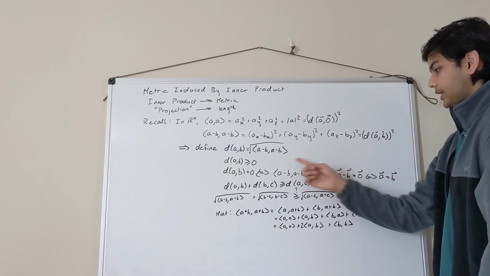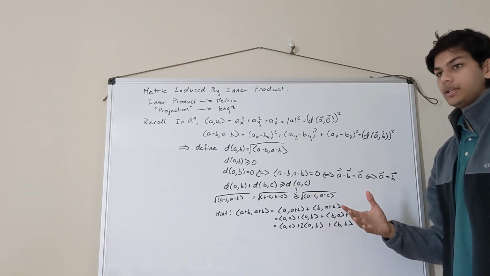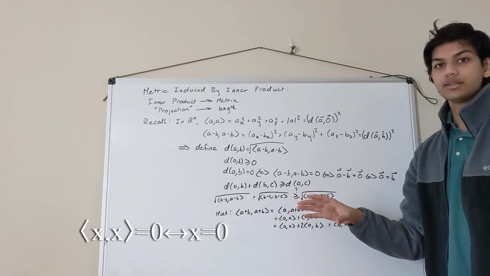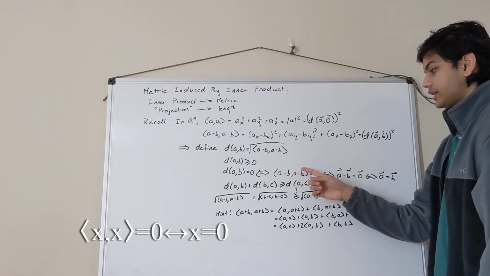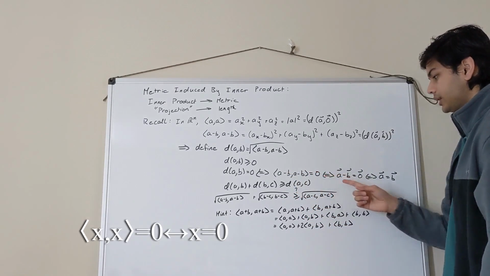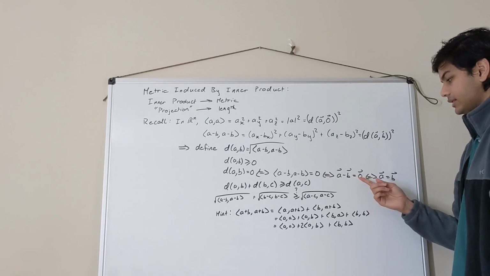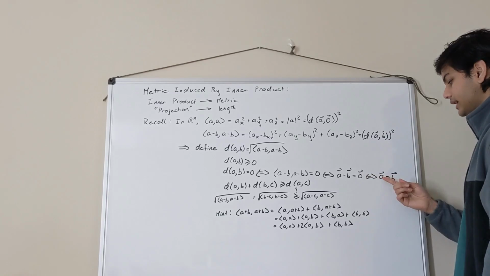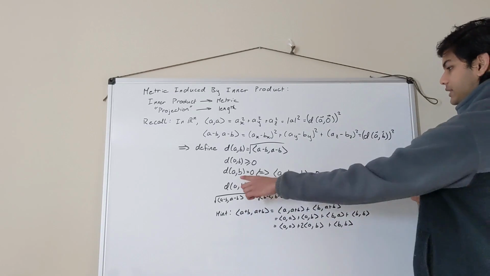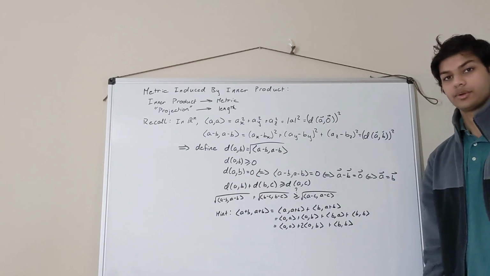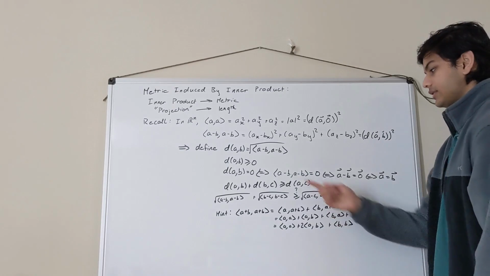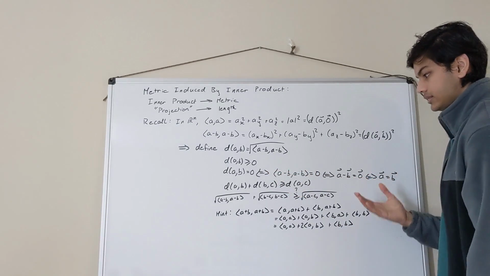But then based on this, we had another property which was part of our positive definiteness for inner products, which is that the inner product of x with itself being equal to 0 implies that x is equal to 0. So a minus b is your x here. But if a minus b is equal to 0, then a is equal to b. So that means that this axiom for the metric is actually satisfied because of the inner product axioms.